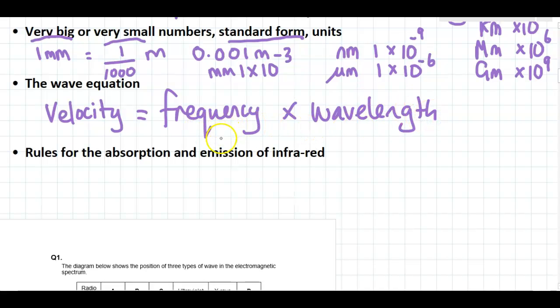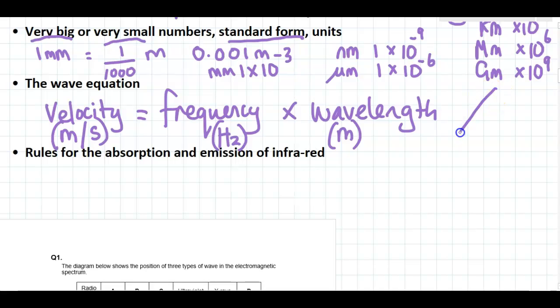And that's why the units are really important. We need our frequency to be in hertz and our wavelength to be in meters if we want our velocity to be in meters per second.